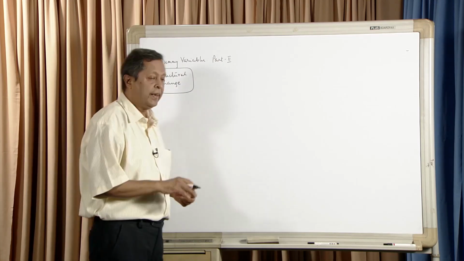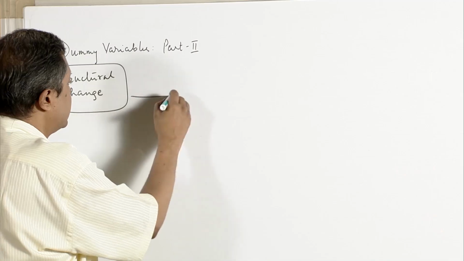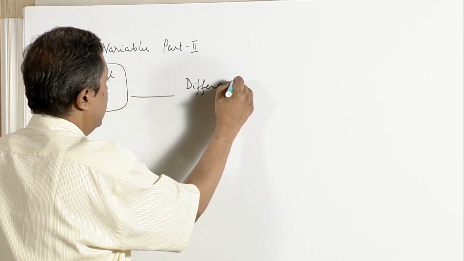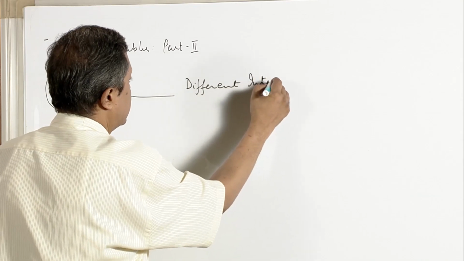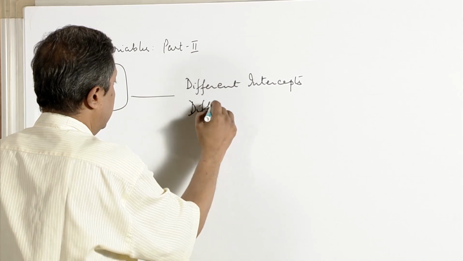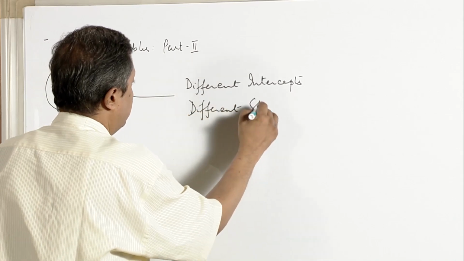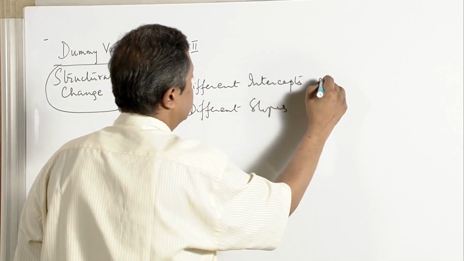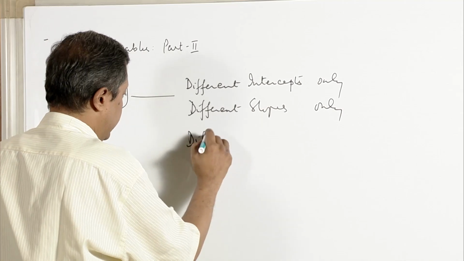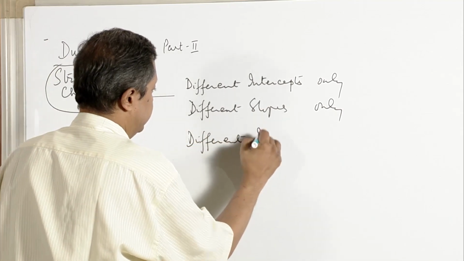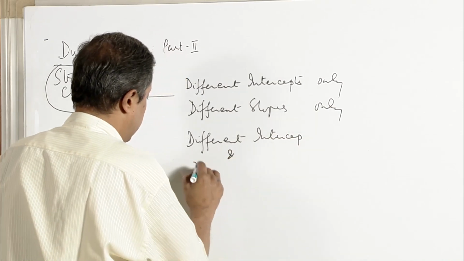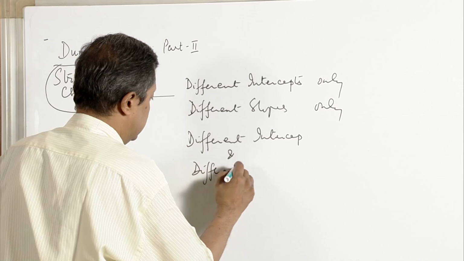But you will have already noticed that we have done this in the form of different intercepts, different slopes, and different intercept and different slopes.